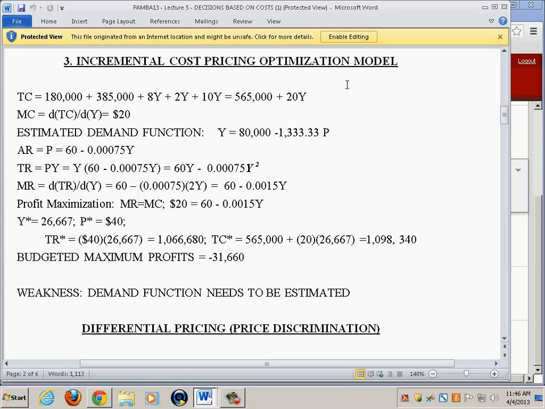Now I have to go over a number of steps to get the marginal revenue. First of all, we start with the demand function, and we rearrange it.